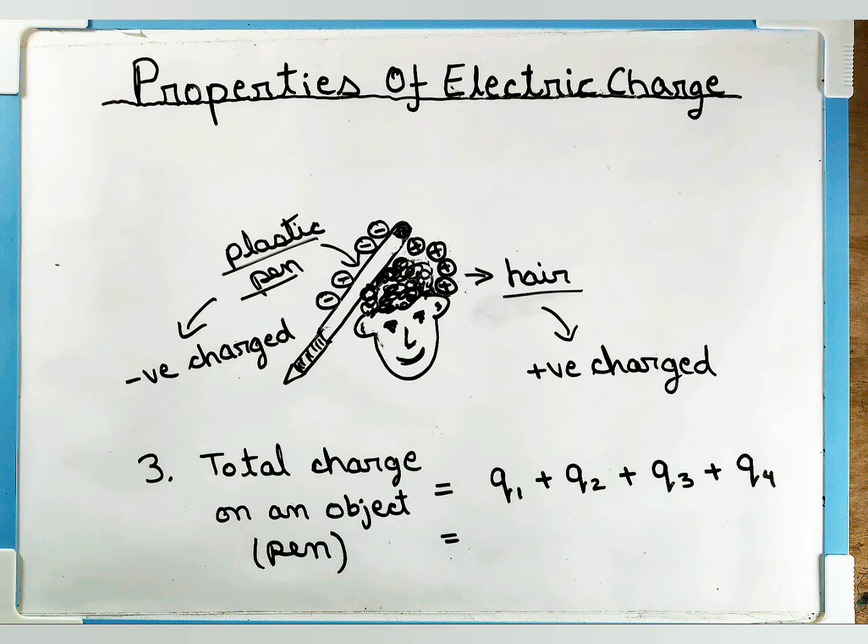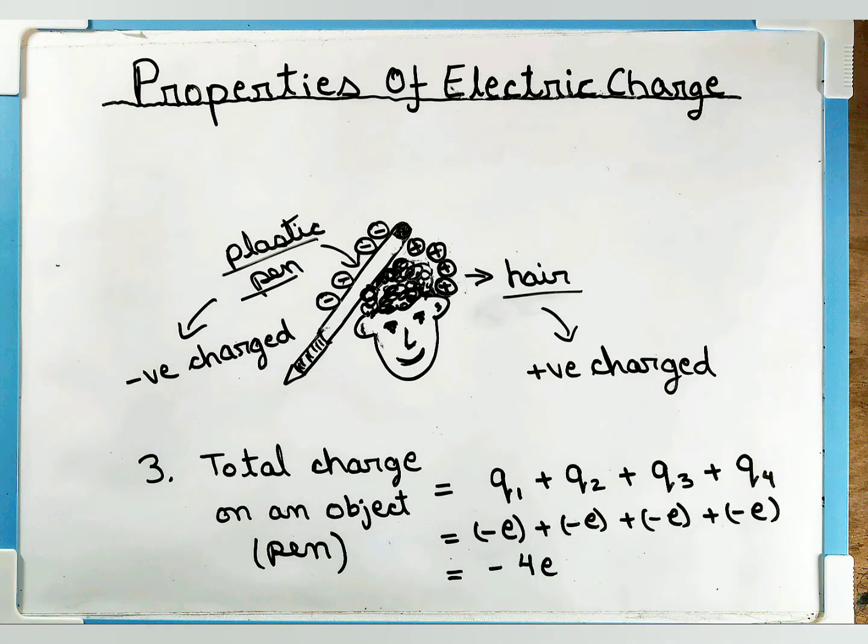Since we have four charges on the plastic pen, and you know that the charge of the electron is equal to minus e, and the e is the elementary charge. So here q1, q2, q3, q4 are all equal to minus e.